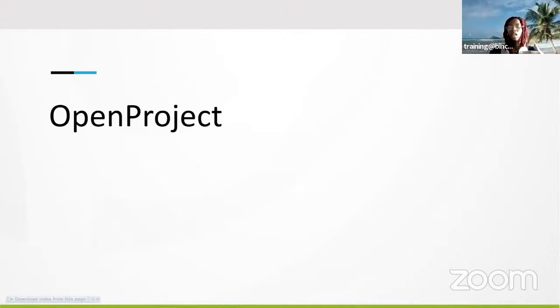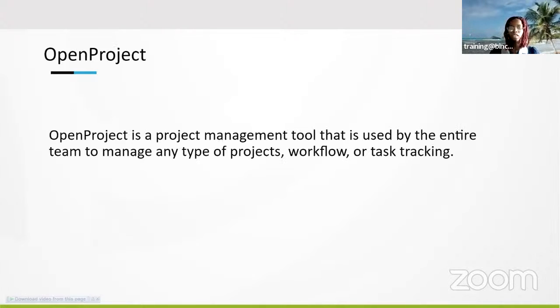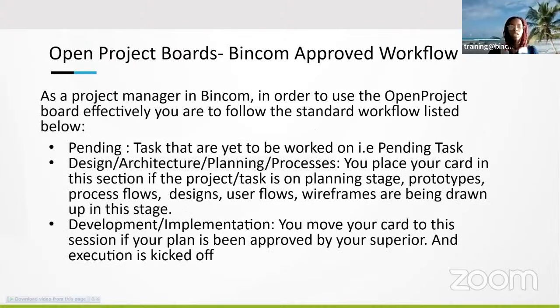So the last but not the least really is the open project, which is the organization's project management tool, where the entire team has to manage their projects, their products, their services from. So like I mentioned with Trello, the open project board has to be aligned in a specific way.